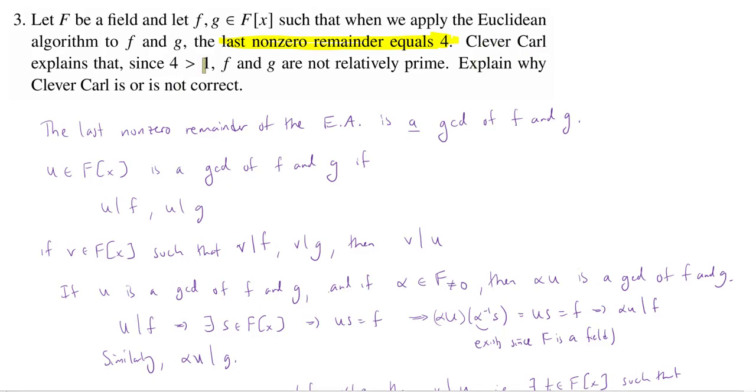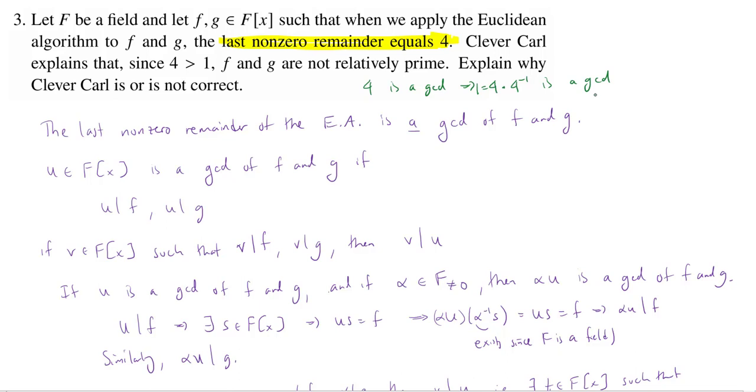He says, well, 4 is bigger than 1, and so F and G are not relatively prime. But 4 is a GCD, which implies 4 times any constant is a GCD, so how about we multiply by 4 inverse, which is equal to 1. So 1 is a GCD, right?